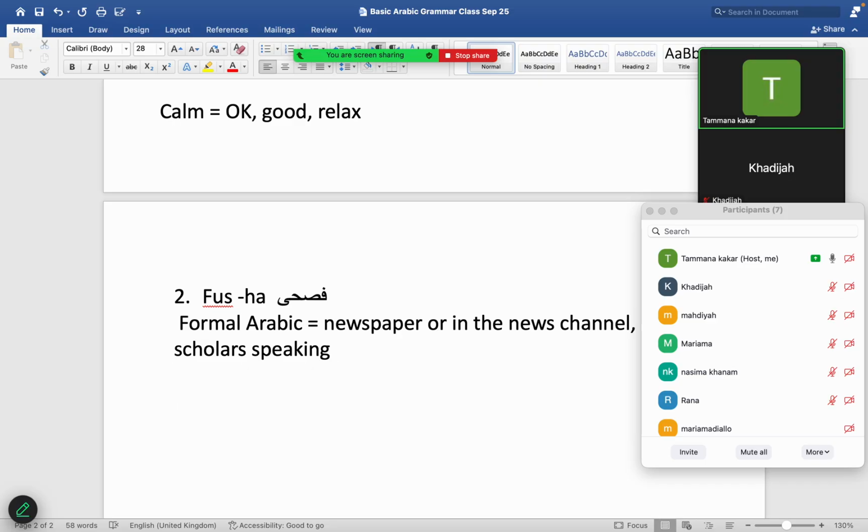So for example, if we keep English as our example, what would be the example for Fusha? I have been very grateful for this opportunity. I am very grateful.